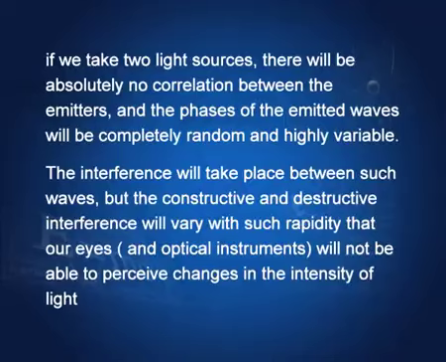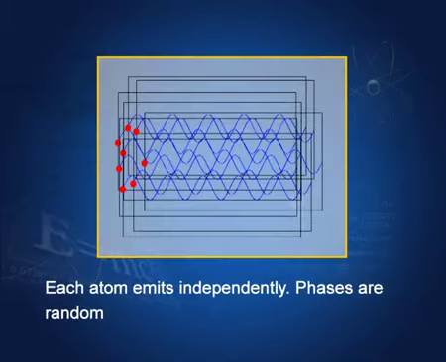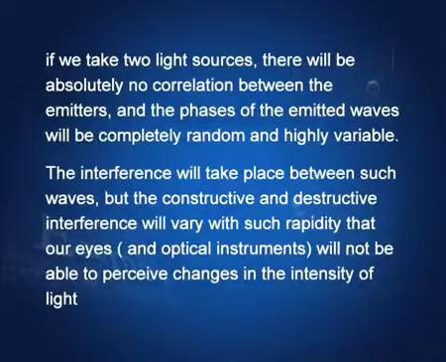Now, if we take two light sources, there will be absolutely no correlation between the emitters. You see, they are all in haphazard or random phase. So, therefore, what will happen? If we take two such sources, then they would interfere of course, but the waves will be completely random and highly variable.